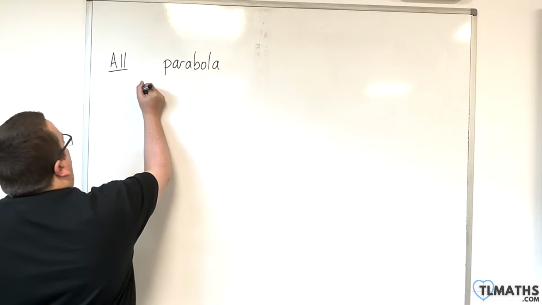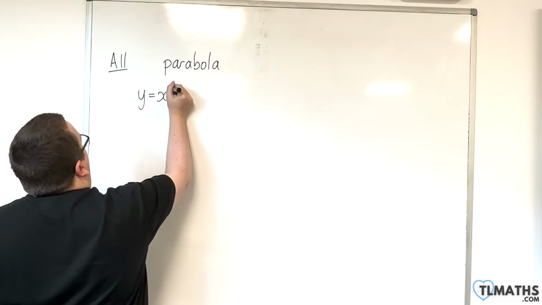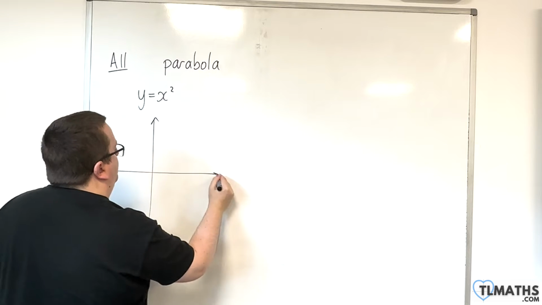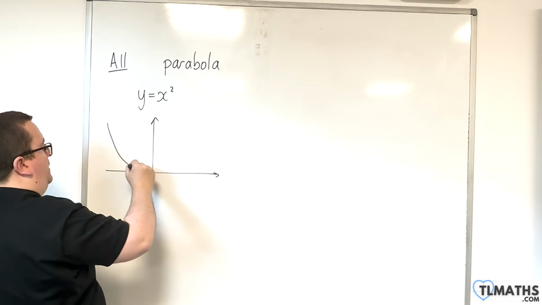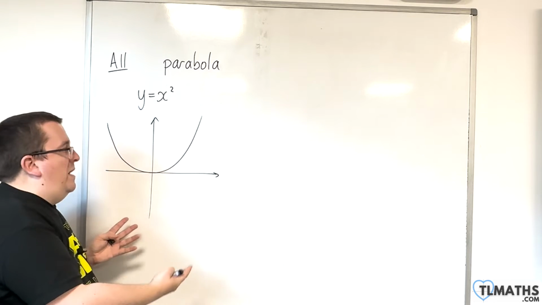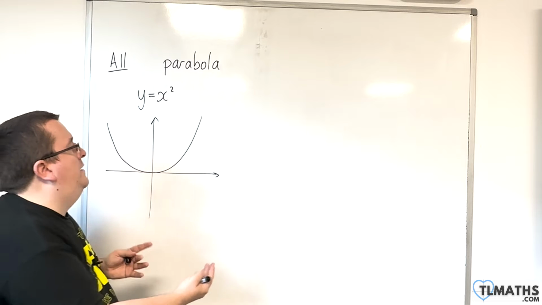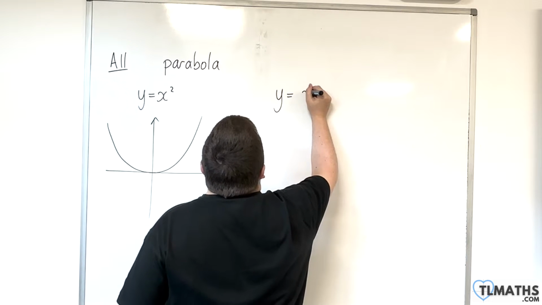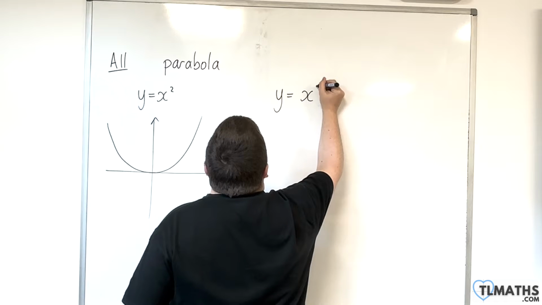So y equals x squared we plotted, but if we sketch it, this is essentially what it looked like, something like this.